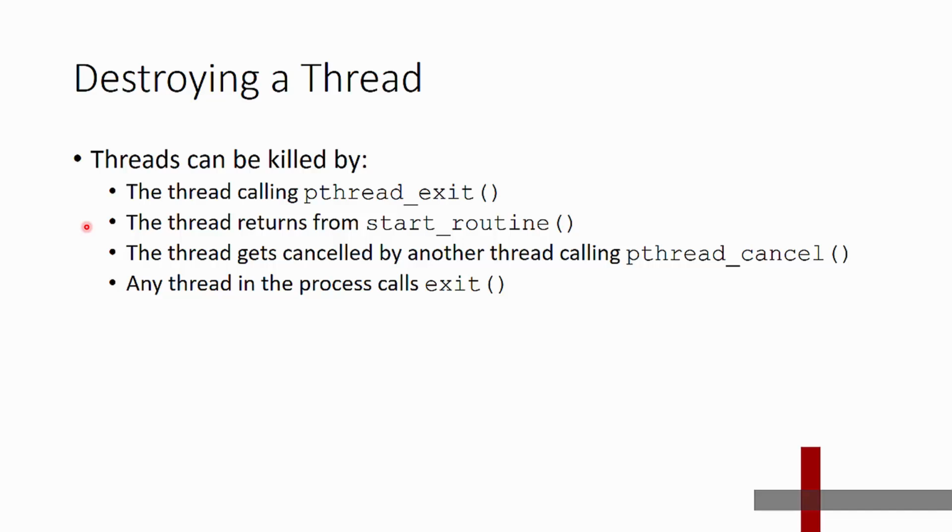Of course, you can prevent the thread from exiting that way by putting it in some sort of a loop, some sort of a server process, but the thread otherwise will exit if it falls off the end of its program. A thread can also be killed externally by another thread, and that could be the pthread_cancel function. And finally, if any thread in the whole process calls exit, which kills the entire process, then all of the threads die at the same time.